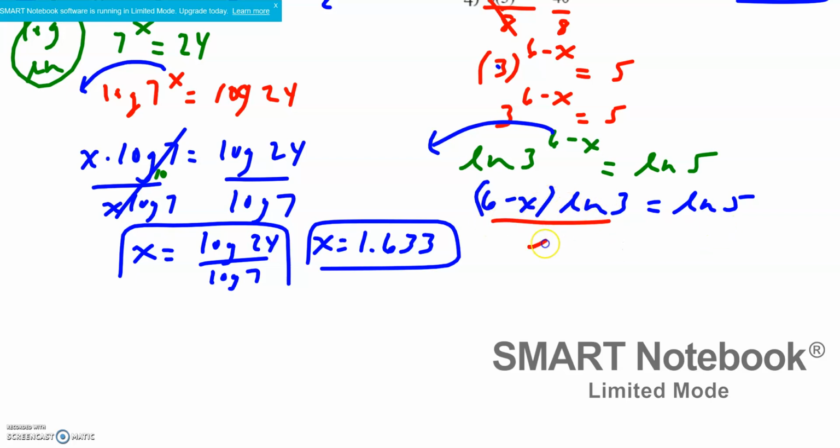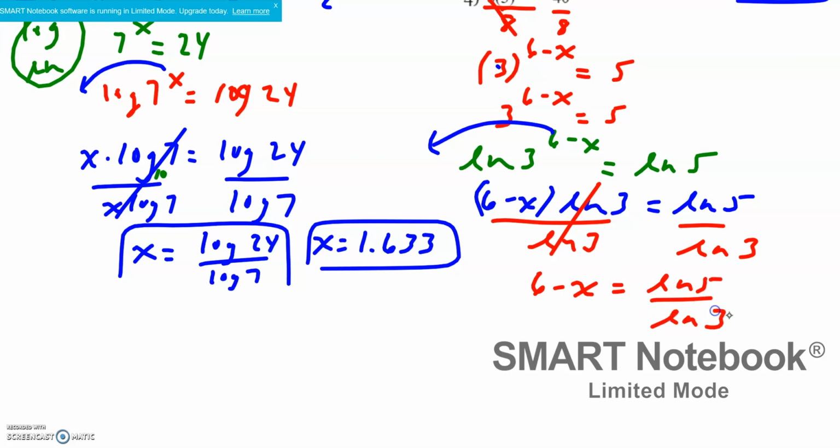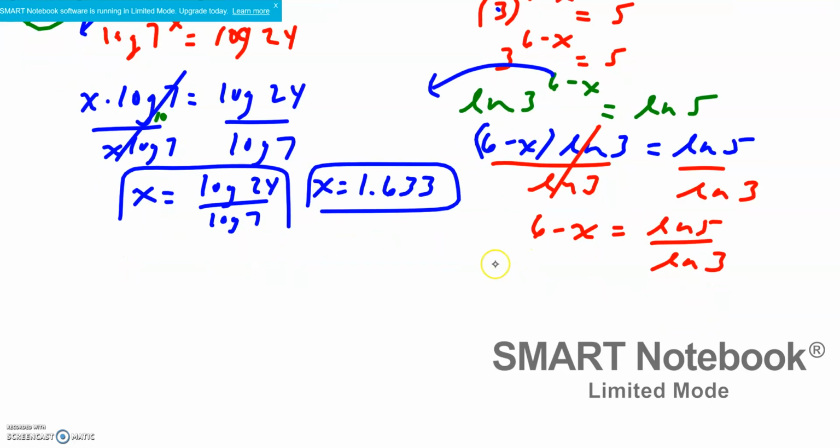Because these two things are multiplying, I'm going to divide both sides by ln of 3. So we have 6 minus x equals ln of 5 over ln of 3. And if I want to continue getting my x by itself, I'm going to subtract 6 from both sides.